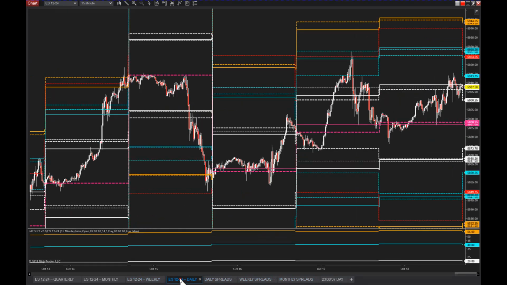Okay, so we looked at the weekly. The daily travels the daily range, usually from the Globex open to the one. And if it's going to stay inside the distribution, it stays inside that one. We stayed inside the one on October 16th and a good deal of the session on 17th, but it did break and it went to the twos.